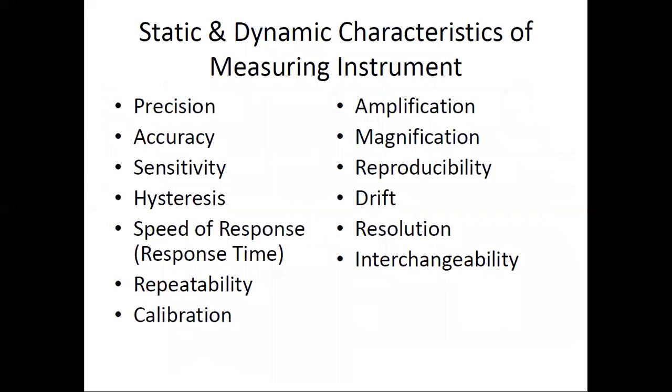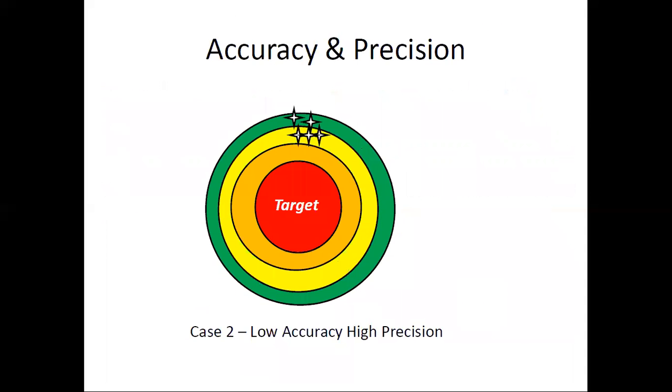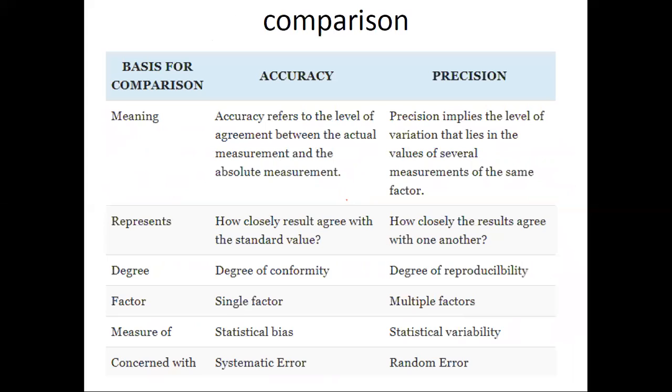Now, static and dynamic characteristics of measuring instruments. This part is already covered. It covers precision, what is precision, what is accuracy, right? The difference between precision and accuracy. I will provide you this particular PPT because I explained those parts from another PPT, so you should also see this PPT.